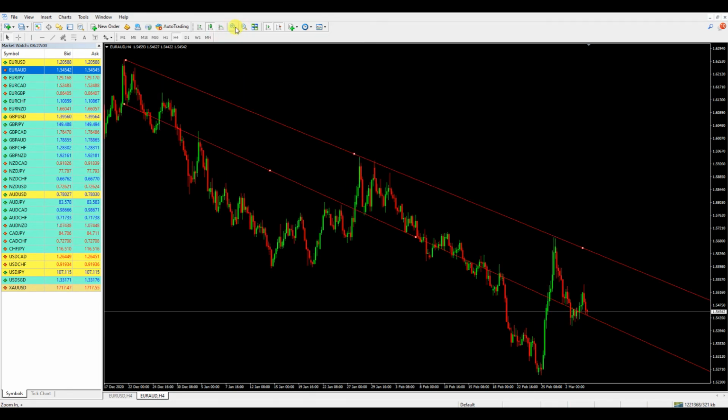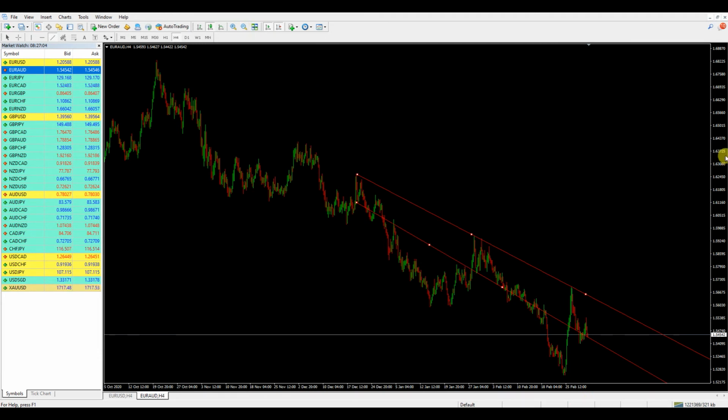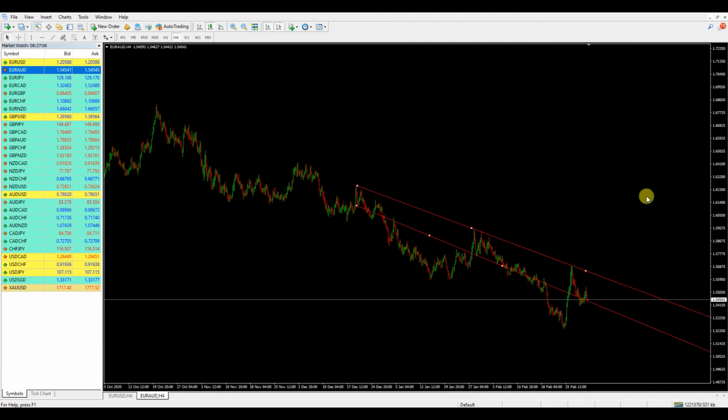So what we can do is take a third trend line now, because we are just trying to make a channel. We are trying to make our entry zones and exit zones. So we take this trend line over here now.